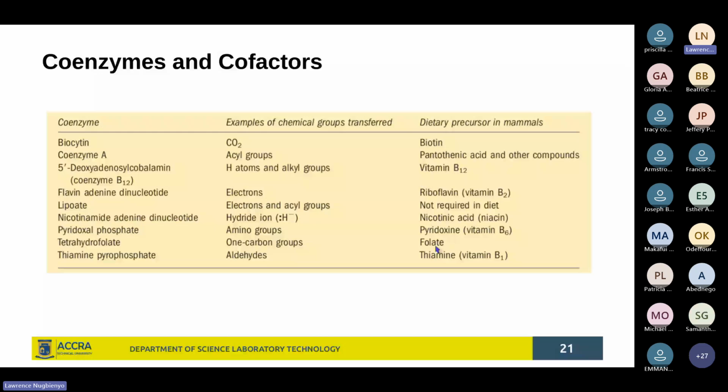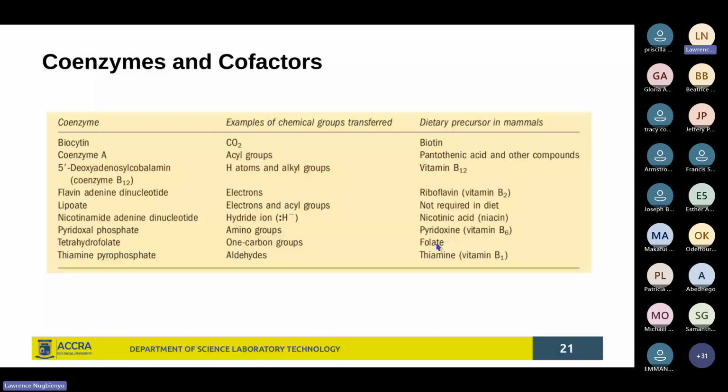You commonly hear of folate as folic acid, which is sold in the pharmacies as a supplement, required especially for the development of neural tubes in the fetus. So when you have the fetus developing in the womb, you require an adequate amount of folic acid in that process.